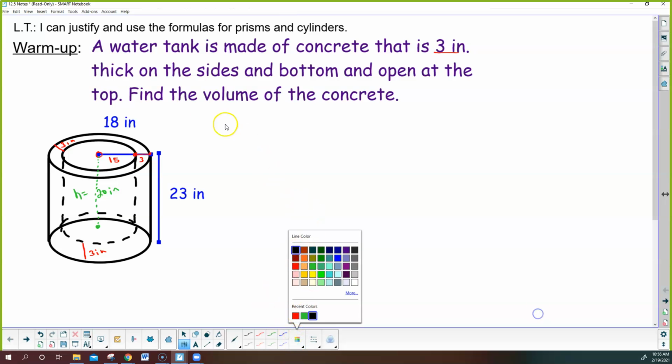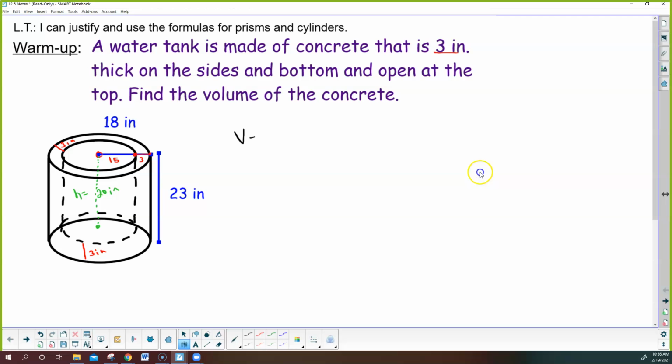Now, I'm a fan of setting up what I like to think of as the visual picture or a picture equation. So the total volume of this is really the volume of the big overall cylinder, which has a radius of 18, and then the height of the big cylinder is 23.